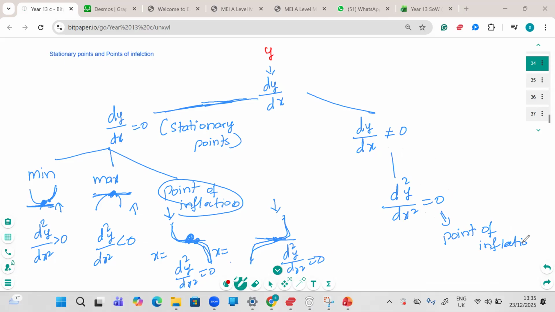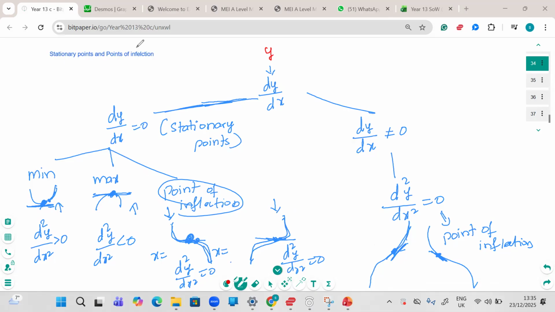Meaning the curve would be like this, or the curve would be like this. If you see, there is no horizontal tangent here. If you draw a tangent, that would be something like this. There is no horizontal tangent you can get.